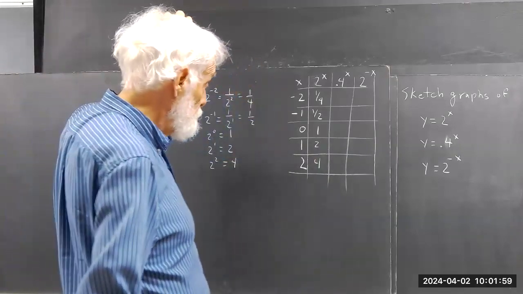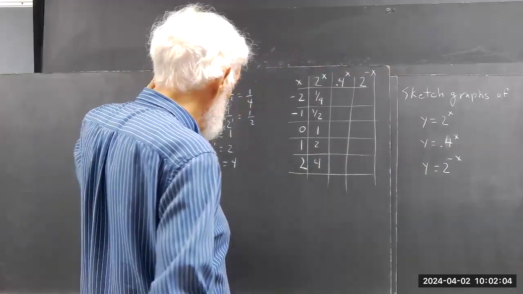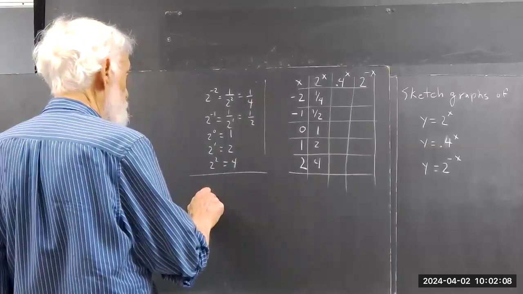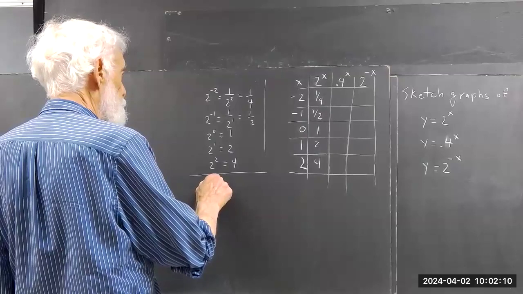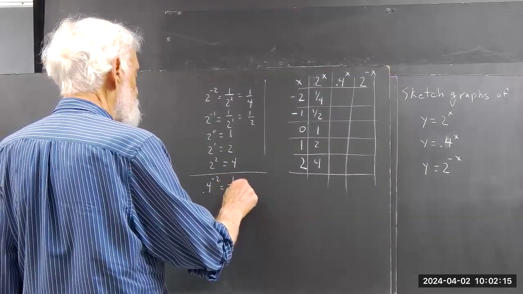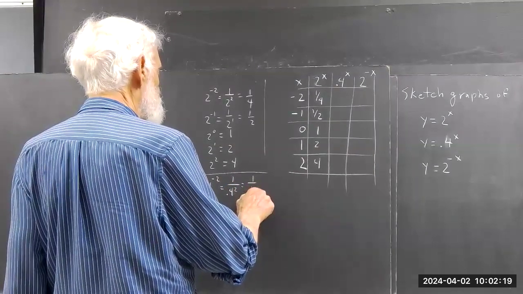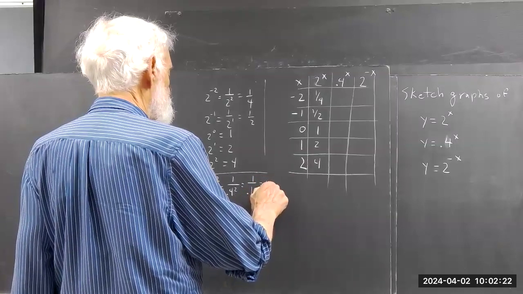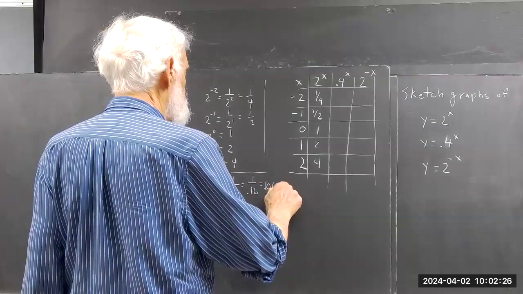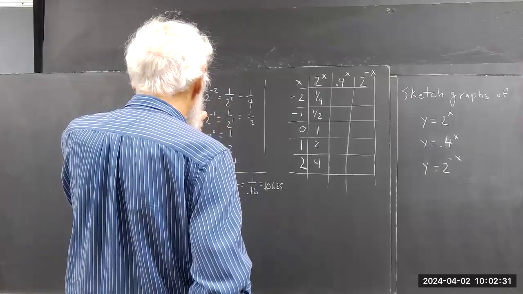Okay. Now we have 0.4 raised to the x. Well, let's just do a couple more calculations down here. 0.4 to the negative 2 equals 1 over 0.4 squared, which is 1 over 0.16, which is... something is wrong here.